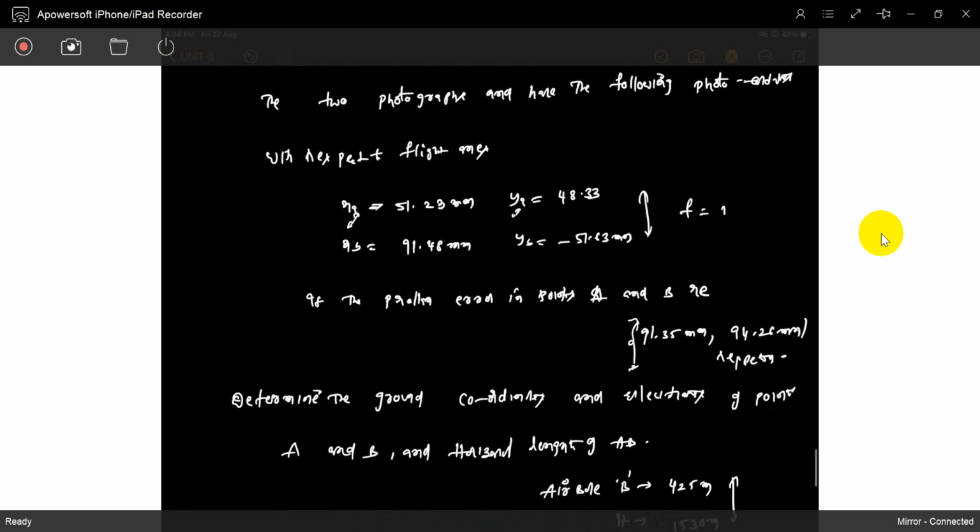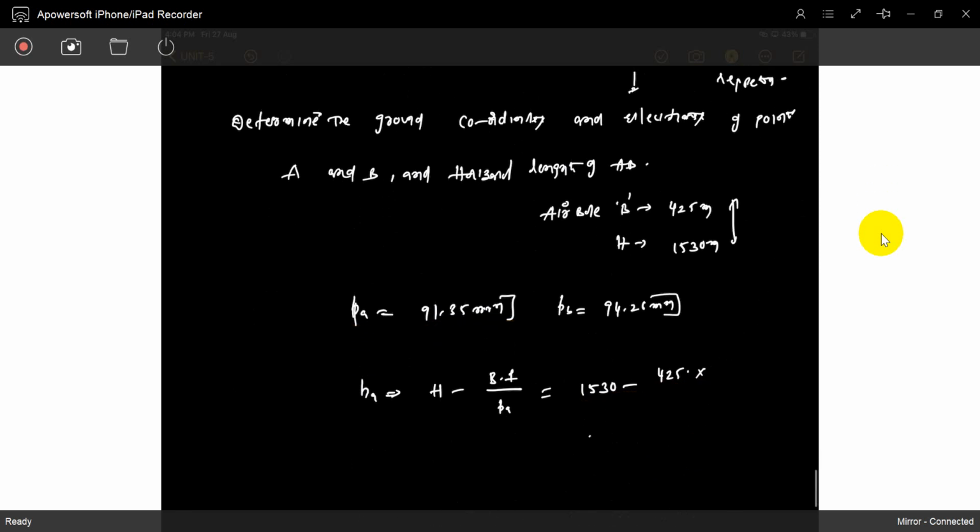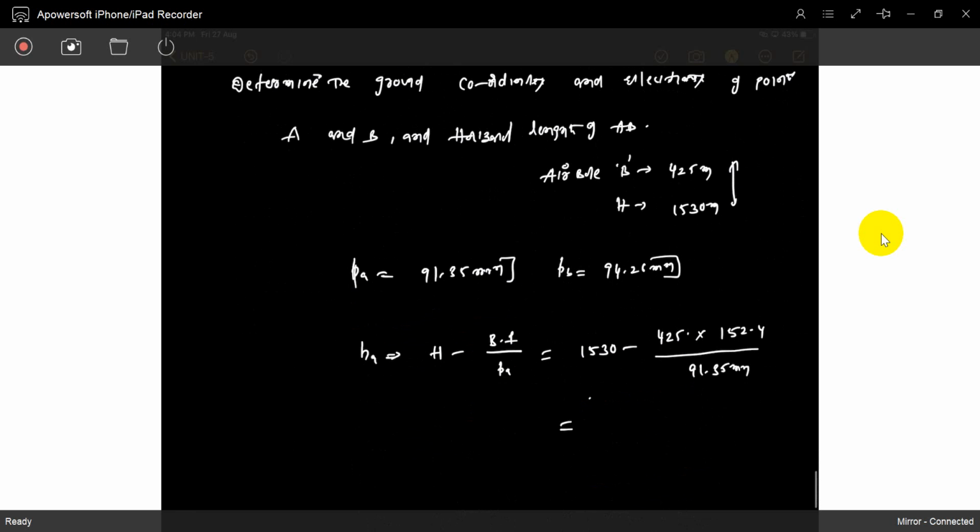Focal length is 152.4 mm, not meters. So 152.4 divided by parallax error 91.35, you will get it. That value is 820.97 meters.